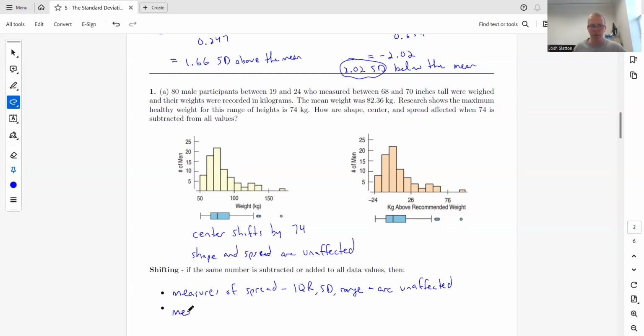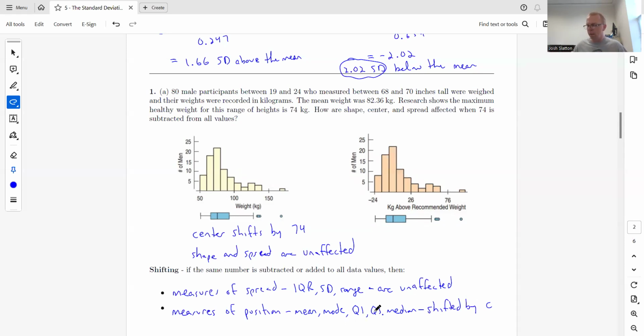And then the measures of position or measures of center, so this would be mean, mode, we could say Q1, Q3, any data points, median. They shift by C, whatever the constant is, whatever you're adding or subtracting. So all the data points are going to shift. Q1 and Q3 are also shifting. I point that out because IQR is not changing, but these two are, they're just changing by the same amount. So the difference between those two is not going to change.